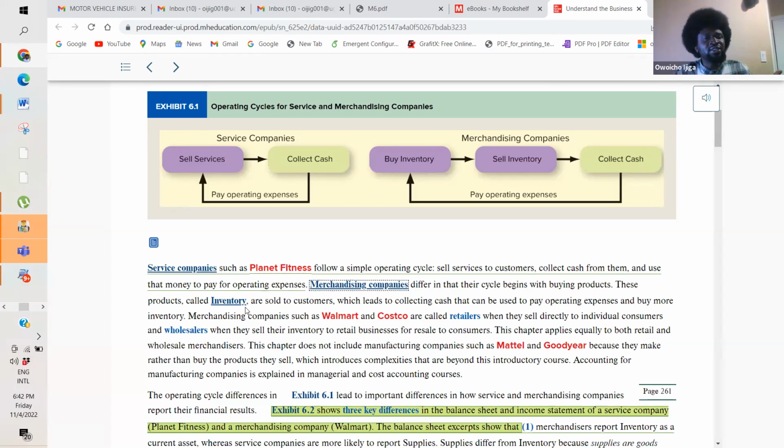Now let's look at the definition of an inventory so that we do not confuse ourselves. An inventory is not a building or any other thing, but rather those goods that are bought and kept for resale. For instance, if I walk into Walmart or Target or Stater Bros here and the rest, I see lots of goods that I can buy.